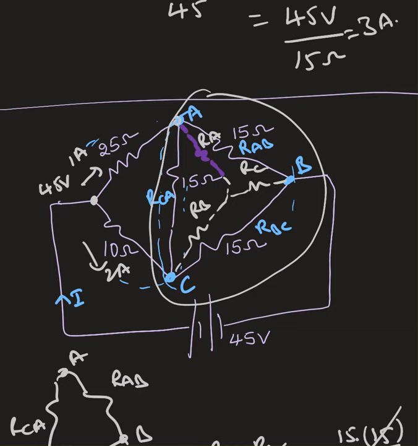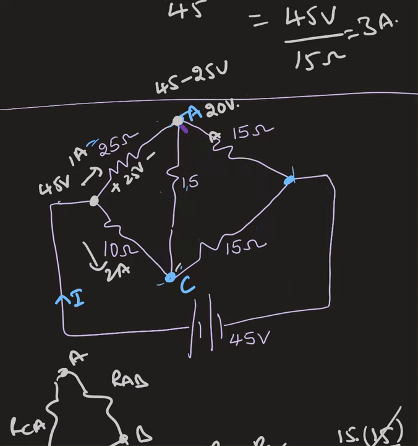What is the voltage here? This voltage must be 45 minus 25 volt, because the voltage drop across this must be 25 volt. So here I have 45, so 25 volt drop, so I will end up with 20 volt at this point. Okay, I cleaned it a little bit so we can clearly see. So the voltage here must be 20 volt at point A.